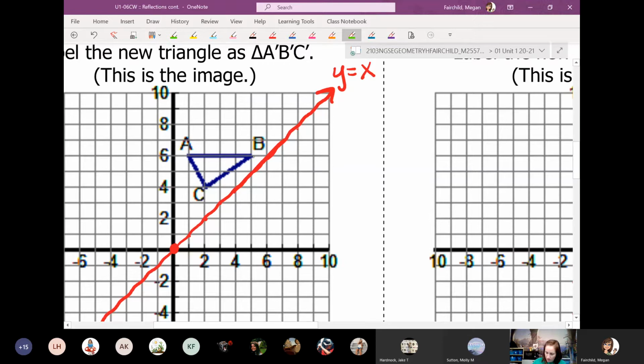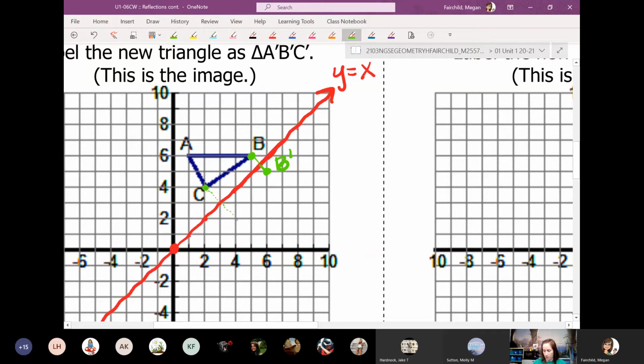Okay, so point B is about half of a diagonal away from the line of reflection. So my other point is going to be half away, and I'm going to call that B prime. Now I'm going to show you another way in a second to figure out these points, but this is one way you can do it when you're looking at it visually. C is going to be one full diagonal away from the line of reflection, y equals x.